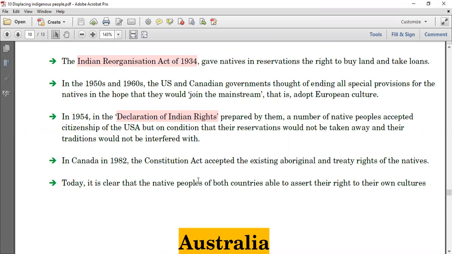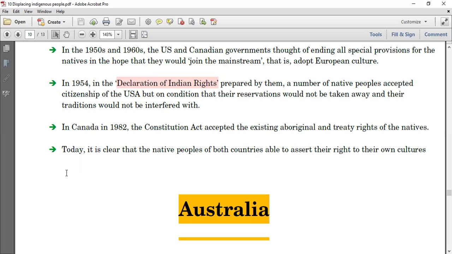In 1954, the Declaration of Indian Rights was prepared by them, and a number of native people accepted citizenship of the USA on the condition that the reservations would not be taken away from them and their traditions would not be interfered with. In Canada in 1982, the Constitution Act accepted the existing Aboriginal and treaty rights of the natives. Today, it is very clear that people of both countries are able to assert their rights to their own culture.